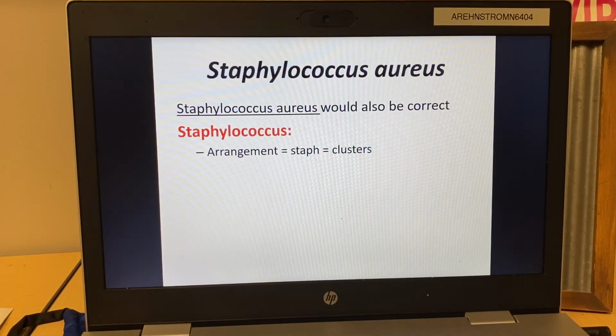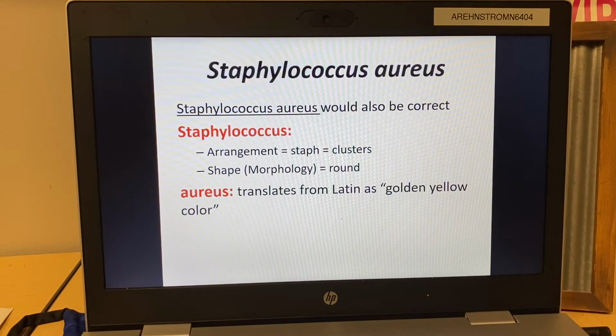Okay, so it tells us that it is a cluster of round bacteria. Aureus actually translates from Latin as meaning golden yellow color. And in fact, when you look at colonies of Staph aureus growing on a petri dish, they have kind of a deep yellow or golden yellow color to them.